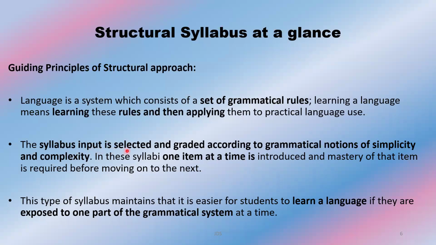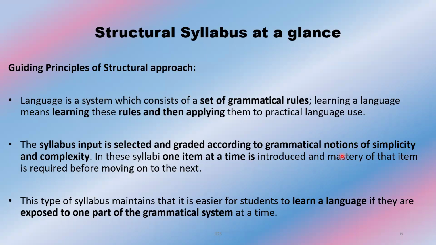Syllabus input is selected and graded according to grammatical notions of simplicity and complexity. Already we saw it. You can't just randomly pick and choose any structure and teach. The syllabus has to be selected. That means all those structures in the syllabus have to be selected and graded appropriately based upon the difficulty level.